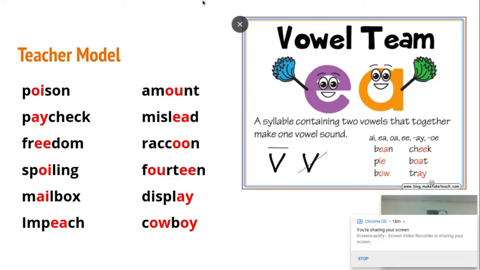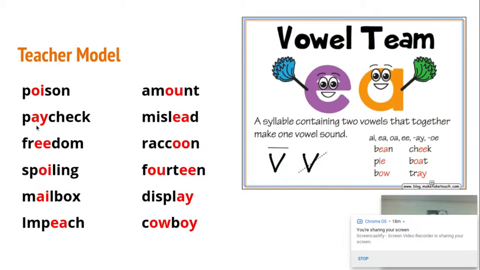Okay, so now let's take a look at these words. We have words that have some common vowel teams, right? 2 vowels that are working together. So look at each word and decide what is the vowel sound that they make together. So for example, the first word here is poison. The vowel team is O-I. They make the OI sound.